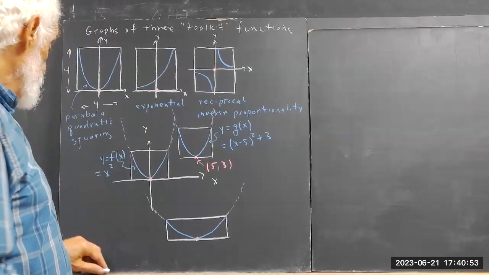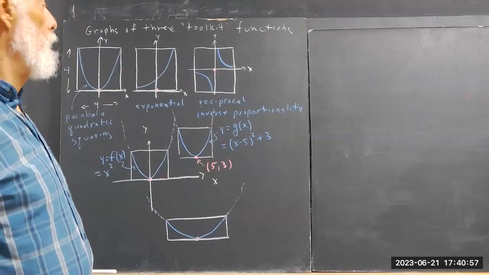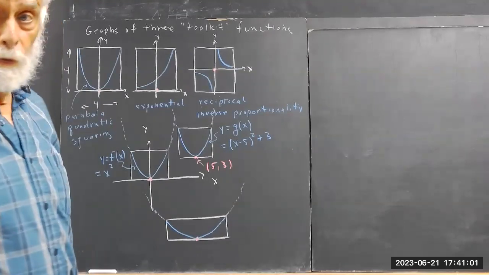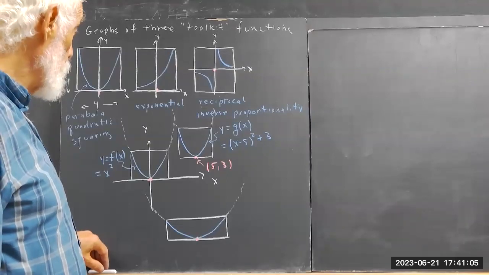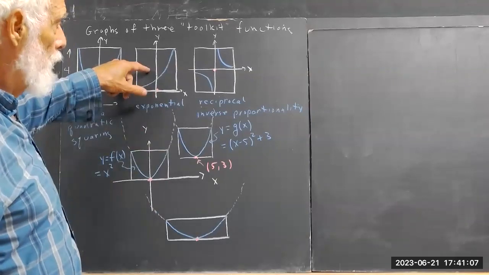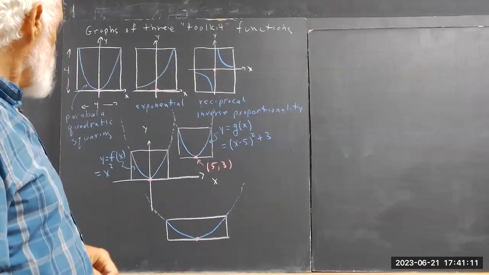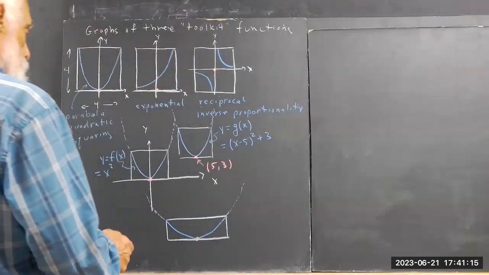Now that's a big deal because parabolas in the XY plane model a whole lot of really important stuff. And we'll see a little bit more about how that works. Okay, now we do the same thing with this graph. I'll just do one more thing.